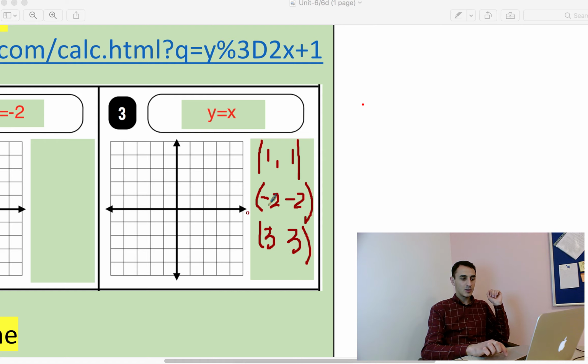So let's plot these points. 1, 1 needs to be here. -2, -2 needs to be here, right? So 3, 3 needs to be here. And just the last step is to connect these points. Let's do it. Okay. That's the graph of this function y is equal to x.